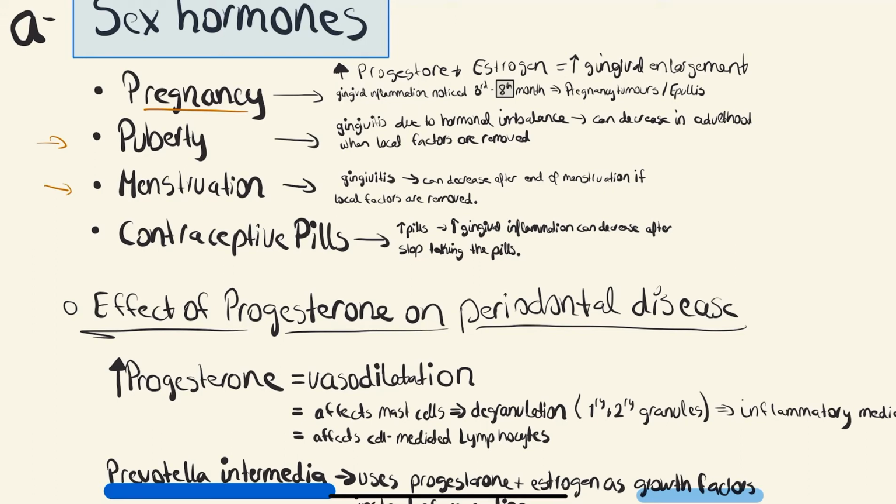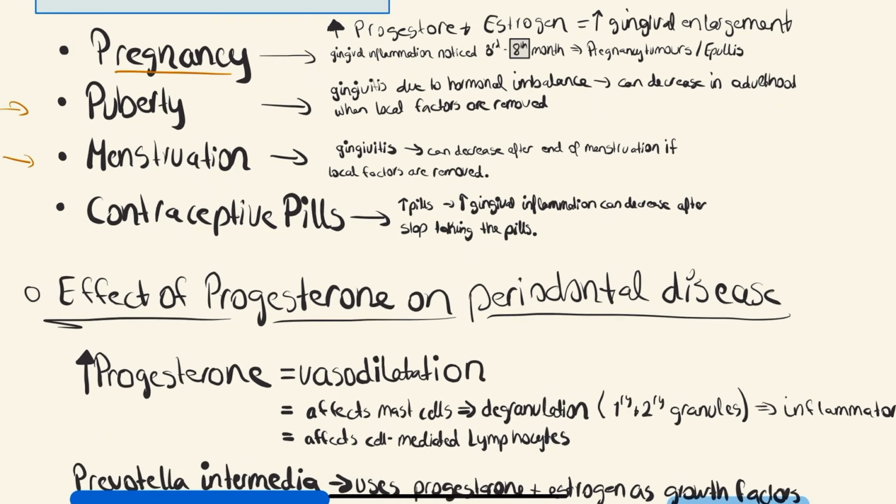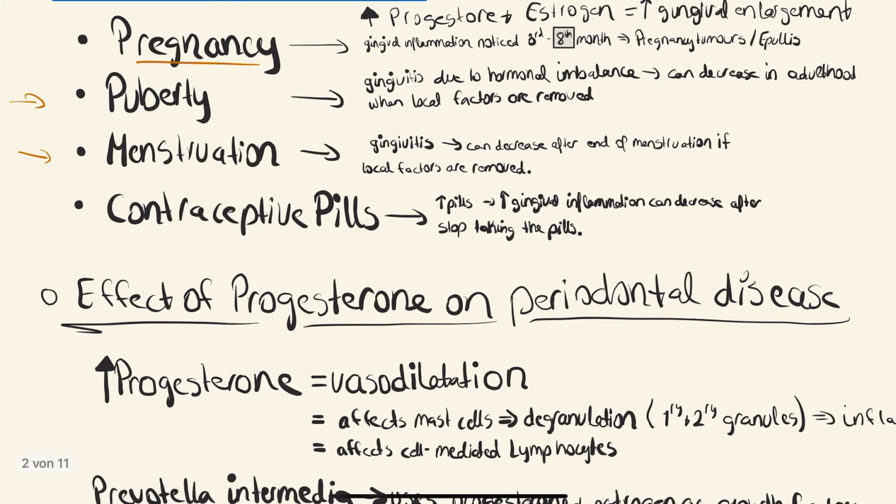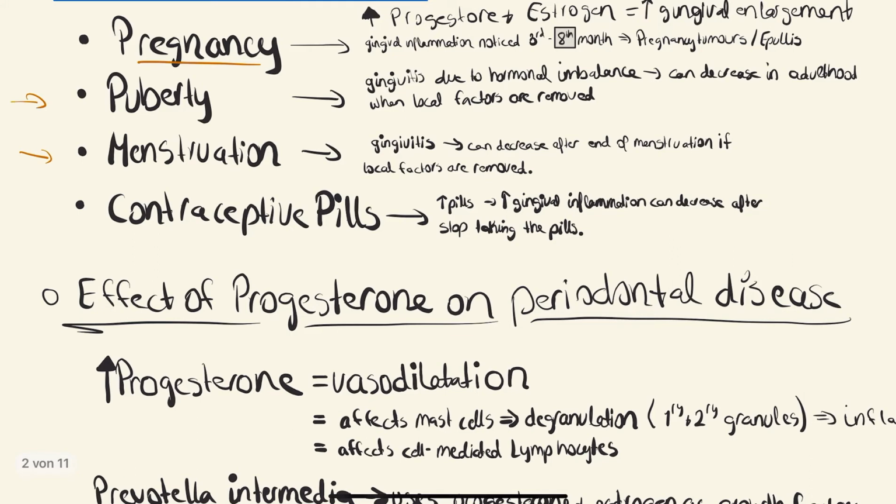The second one is puberty. In puberty, we have gingivitis due to hormonal imbalance. This can decrease in adulthood when the local factors are removed. Okay, menstruation can also cause gingivitis. It can decrease after the end of menstruation if the local factors are also removed.